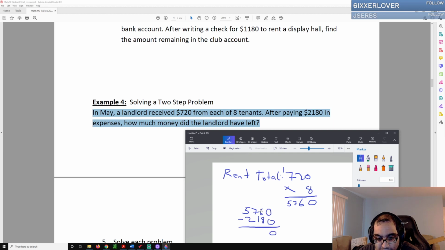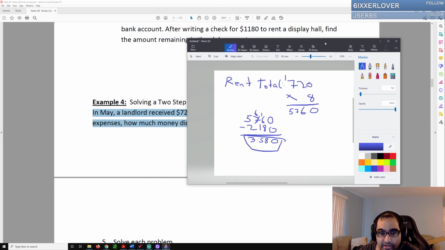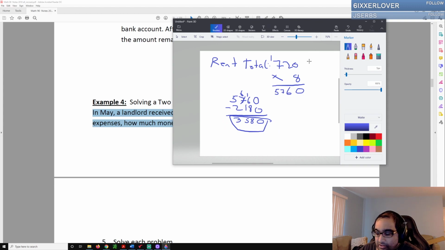And so we get 0, take a 1, 16 minus 8 is 8, 6 minus 1 is 5, 5 minus 2 is 3. So our final answer here is going to be 35.80. Okay? So 35.80 would be our final answer for this problem.